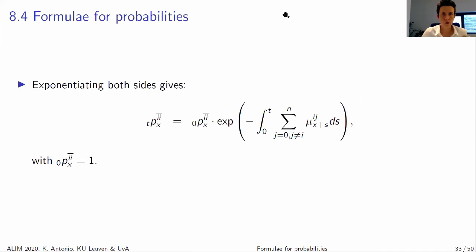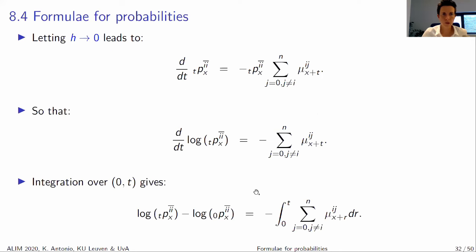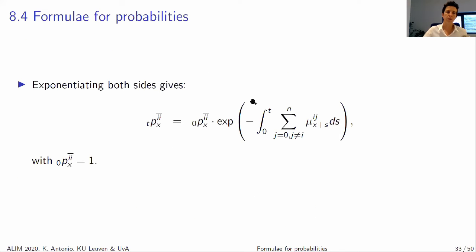So here we are. That's what we went through together. That's a very important first expression to keep in mind. At least we can calculate the sojourn probability by integrating over the sum of the applicable transition intensities, putting a minus in front, and taking the exponential. That's what this sojourn probability is about.